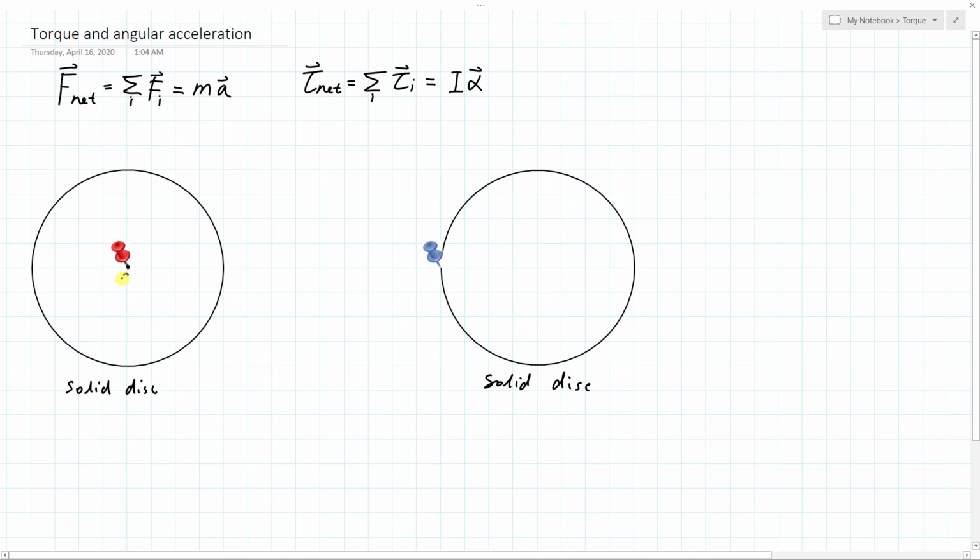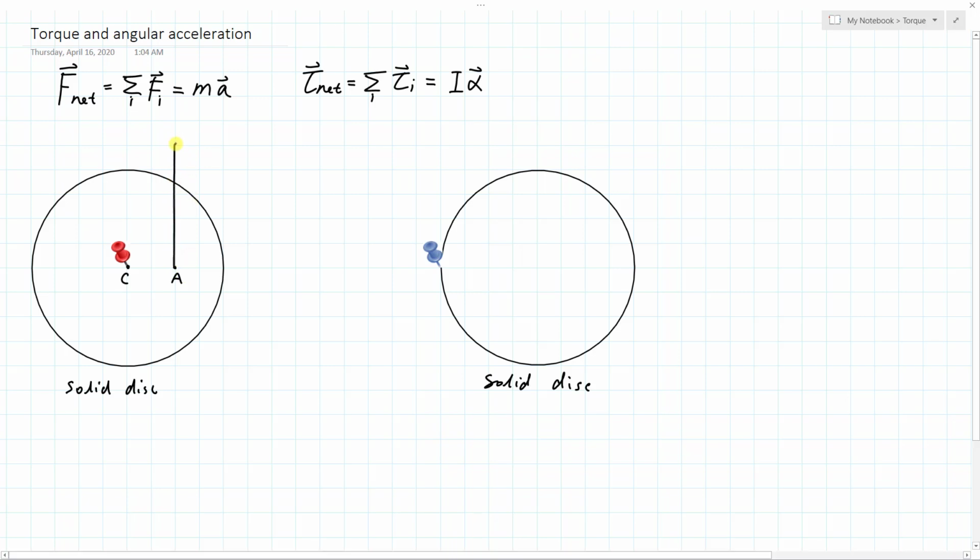Let's call this point C. And then let's find the center line, the halfway point right here between C and the right side. Let's call this A. So we'll apply the force at A. Maybe just poke a hole here and put a string through the hole, and then we can have a force applied at A, a simple force like this.